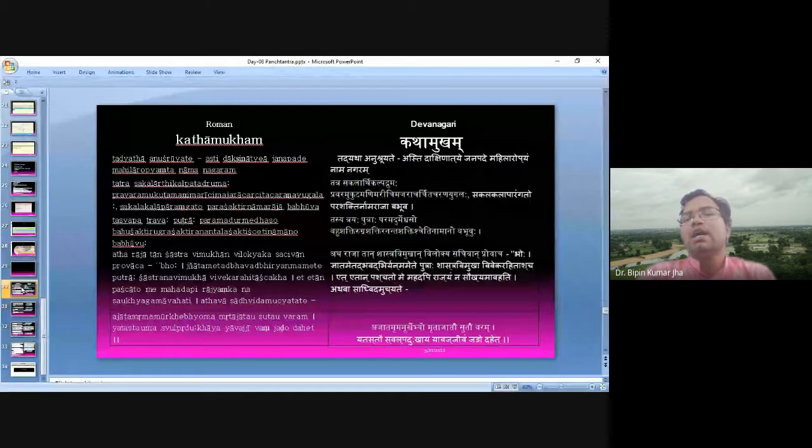Sruyate is the verb, to listen. It is in passive voice, meaning it is heard, it is learned. Asti Dakshinatye Janapade Mahilarupyam Nagaram. There is a city whose name is Mahilarupya.